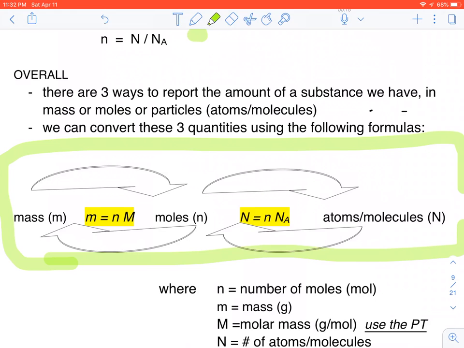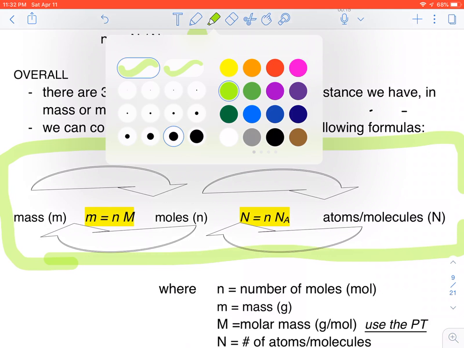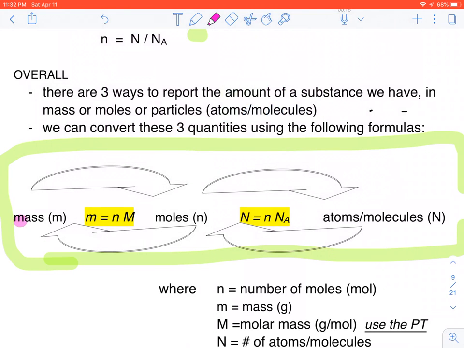I can report the amount of chemical as either a mass, how many grams of the chemical do I have? I can tell you how much chemical I have in terms of moles, how many moles do I have? I can also tell you how much chemical I have in terms of how many particles there are, number of atoms or molecules. So all three of these in pink here are ways to tell you how much chemical there is.